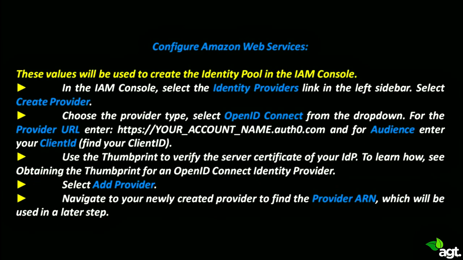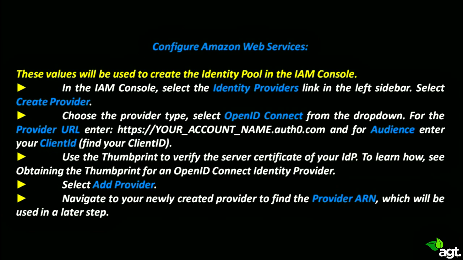In the IAM console, select the Identity Providers link in the left sidebar, select Create Provider, and choose the provider type. Select OpenID Connect from the drop-down. For the provider URL, enter https:// followed by your account name .auth0.com, and for audience enter your client ID, which you can find in the dashboard. Use the thumbprint to verify the server certificate of your IdP.